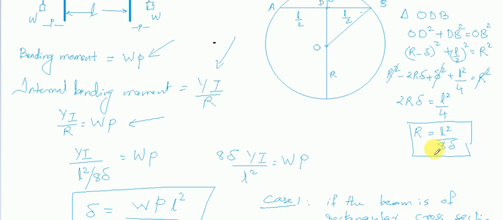Now, you have to substitute this radius into the expression for bending moment. Then YI over, instead of R, I substitute L square over 8 delta, equal to WP. Rearranging that, 8 delta YI over L square equal to WP.